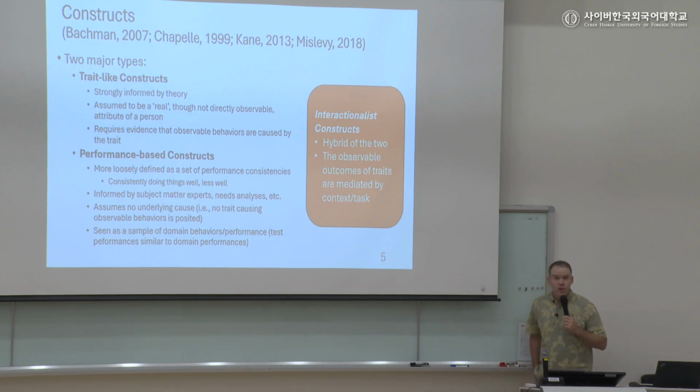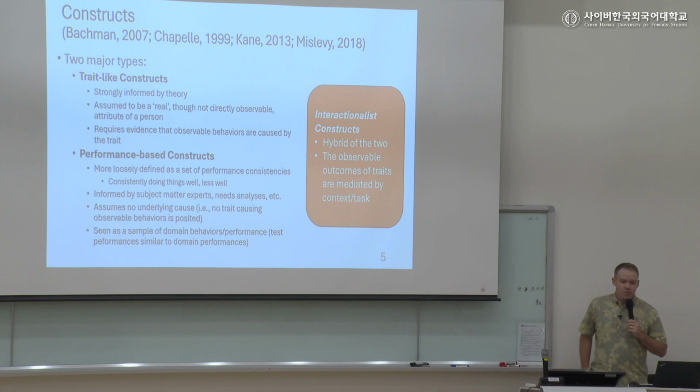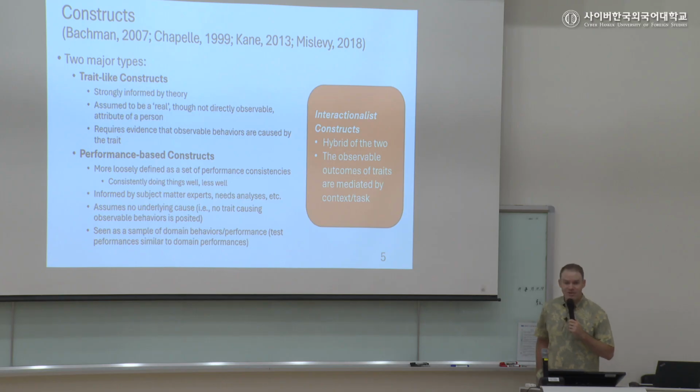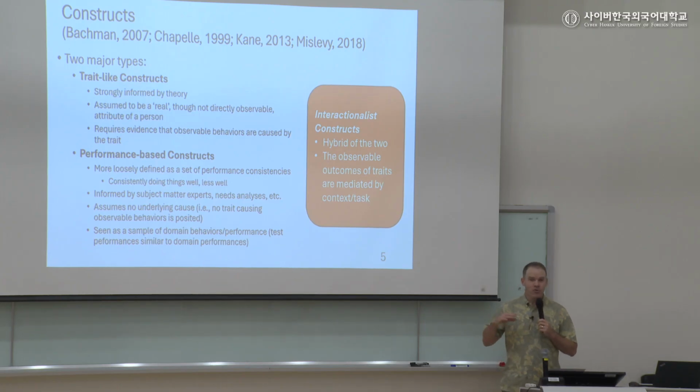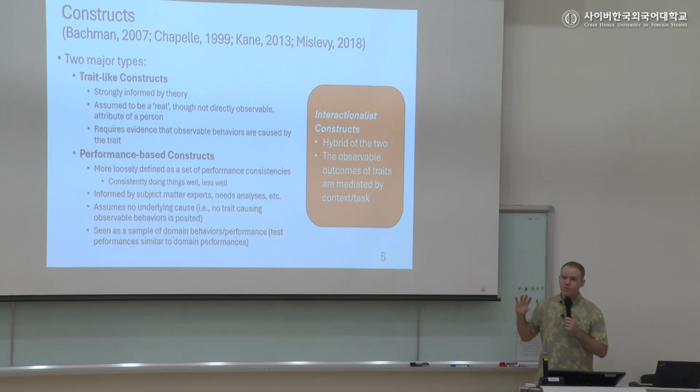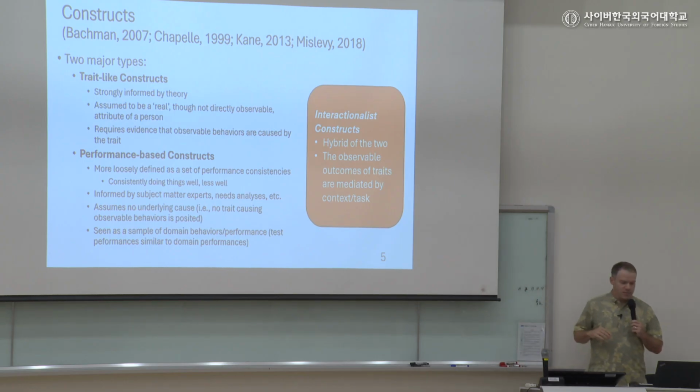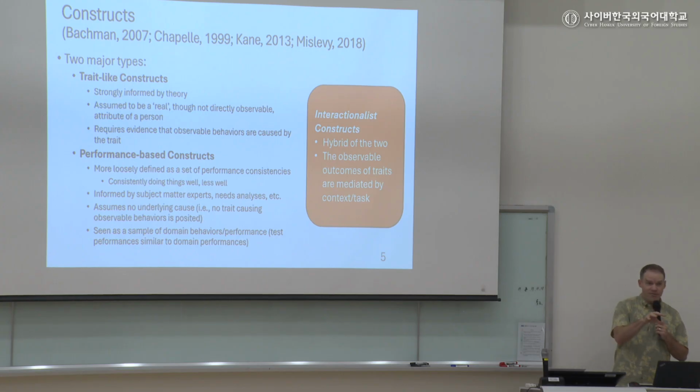But at the same time, we know that real-world performance is not highly predictable based on somebody's TOEFL score or ACTFL rating, right? We see a lot of performance variation from context to context. So there's some sort of mediation going on related to context that adds some noise or disrupts the relationship between the trait we think people have and what we see them actually do.